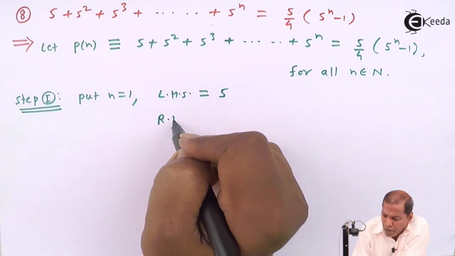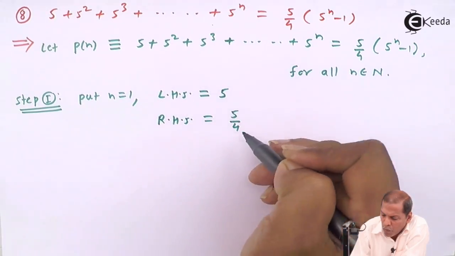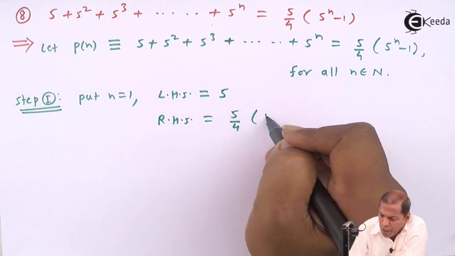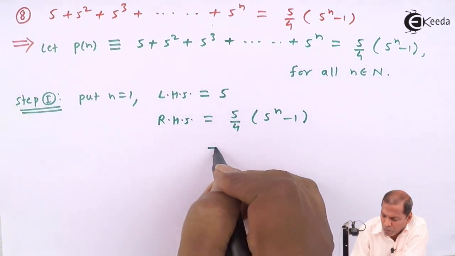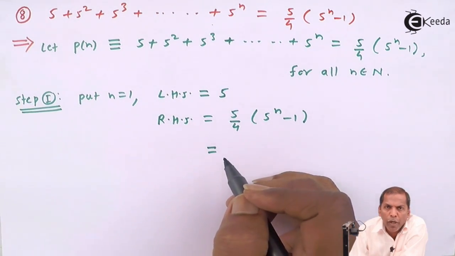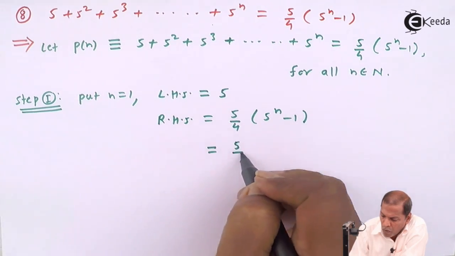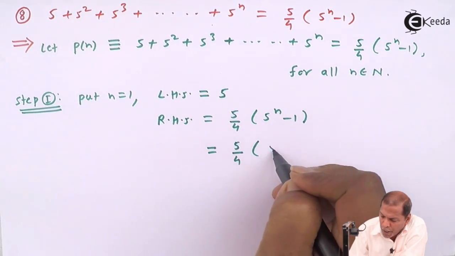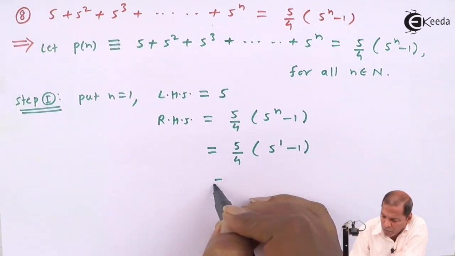Now we consider the right hand side, 5/4 (5^n − 1). In this expression we put n equal to 1, so the next step will be 5/4 (5^1 − 1).